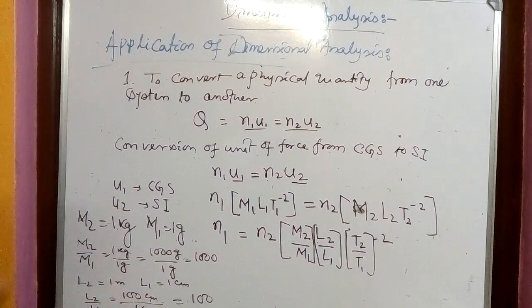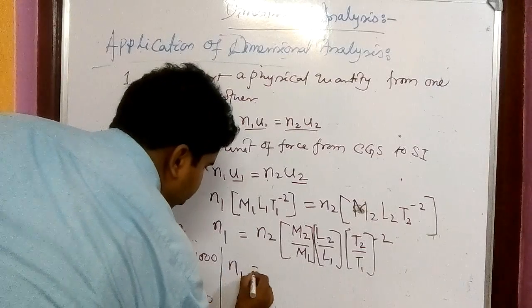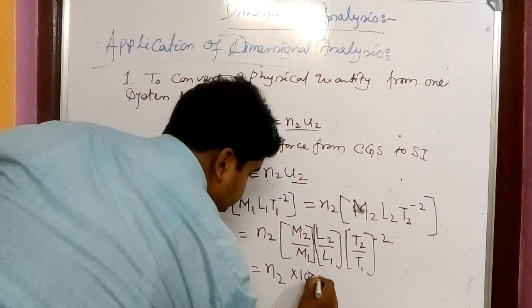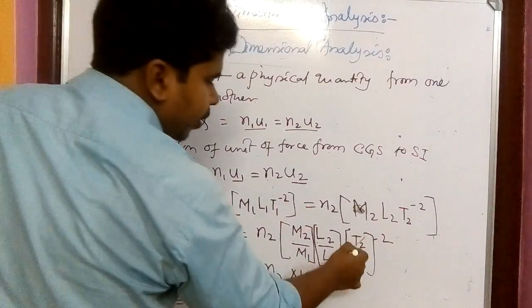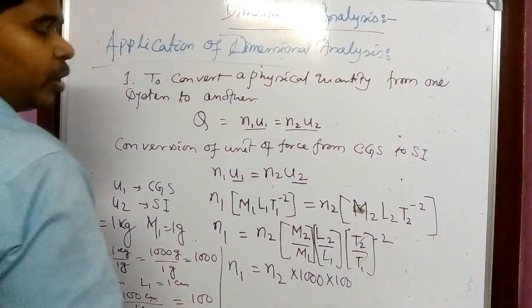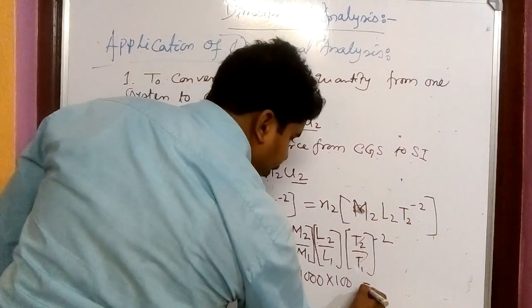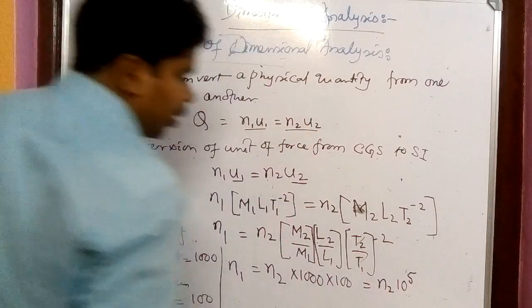So here we can write N1 equals N2 into 1000 into 100. And T2 by T1 will be cancelled out because both are second. So it is N2 into 10 to the power 5.